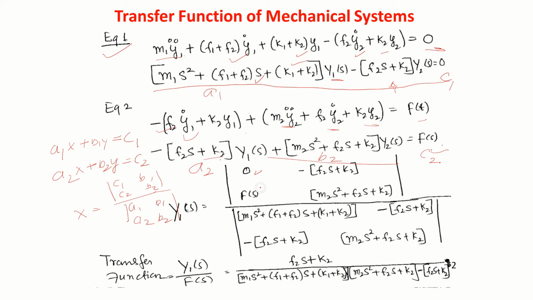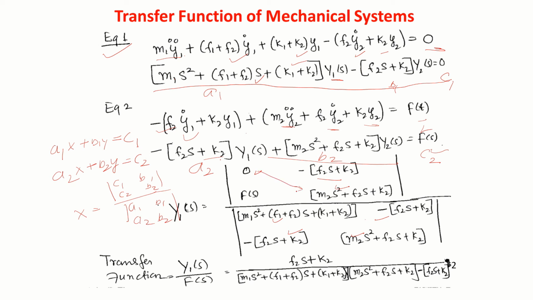That is nothing but 0 and F of s. That's what I have written. And this one as it is, that is minus F2s plus K2, and this M2s square plus F2s plus K2. Then this is A1 B1, correct, A2 and B2.